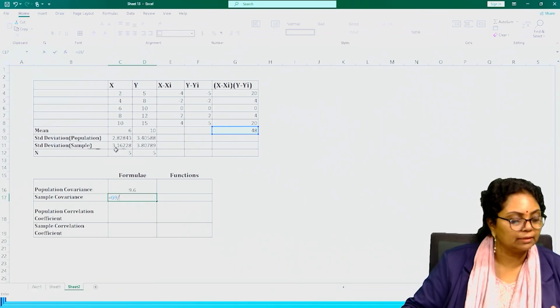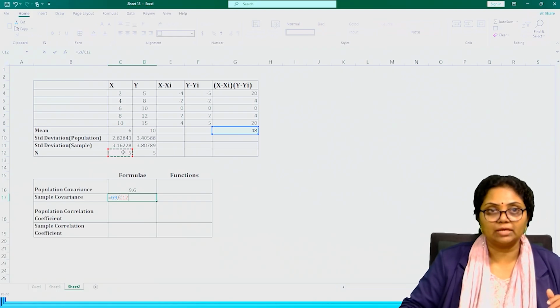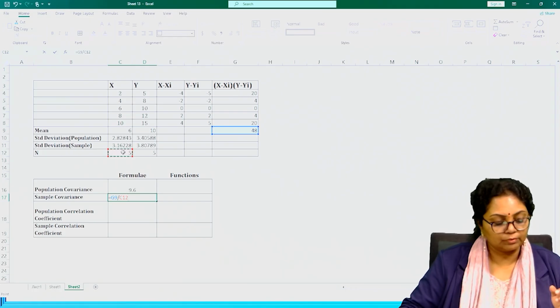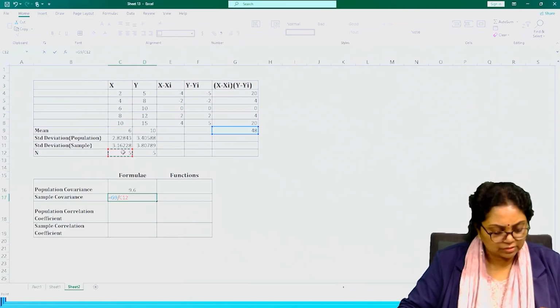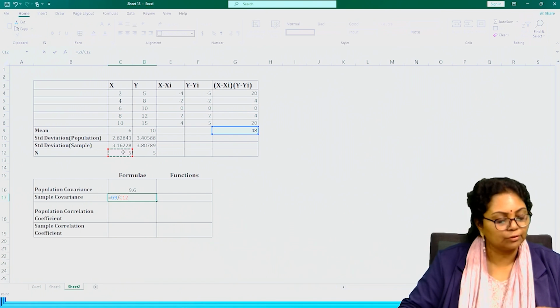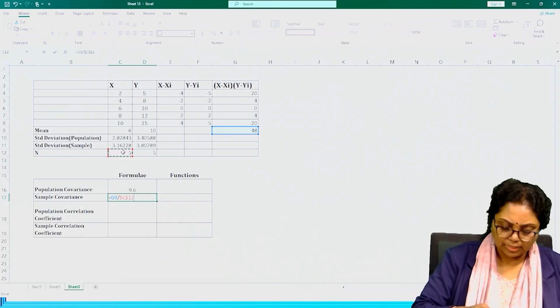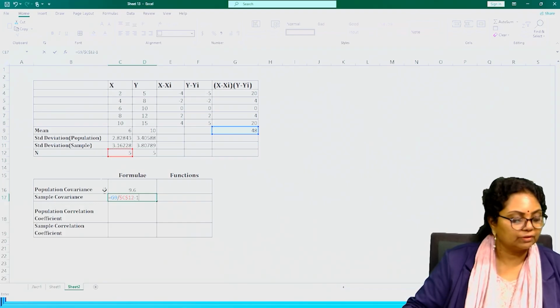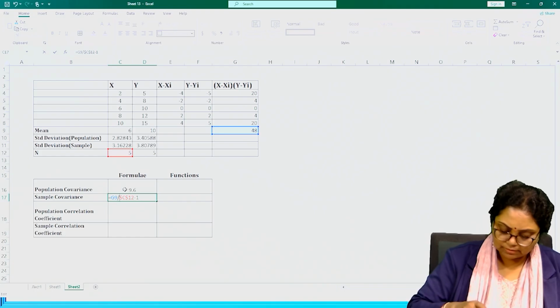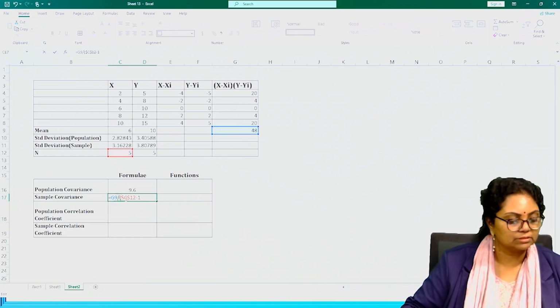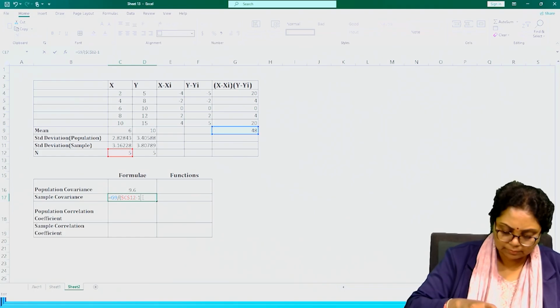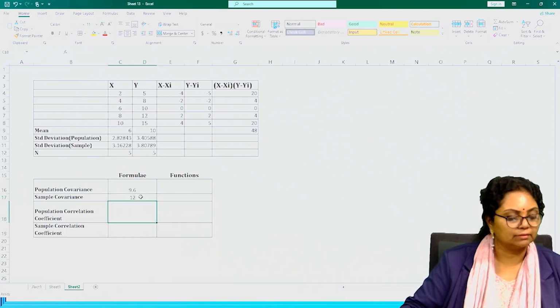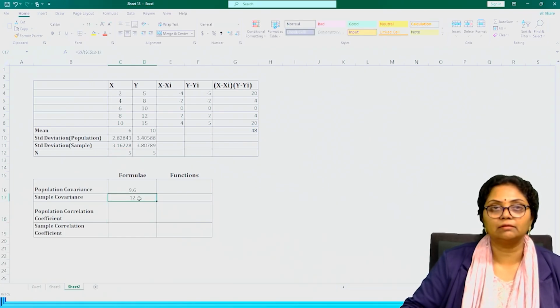Here my n is 5, but I am supposed to reduce one number. For this I am going to make use of the absolute address of CF4 minus 1. But for this we place the bracket because it should know that this is the denominator part, and hence press enter. Now we are getting the answer for sample covariance as 12.